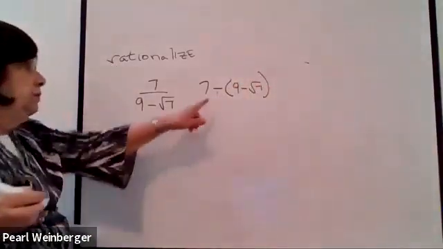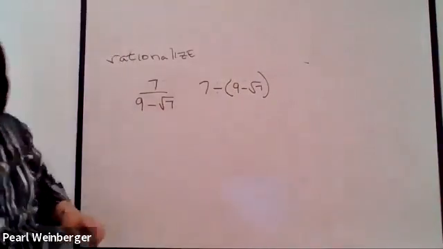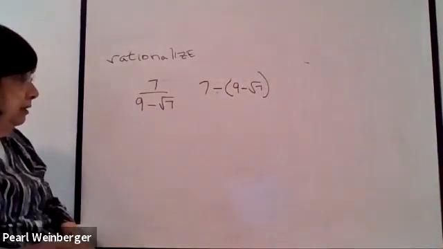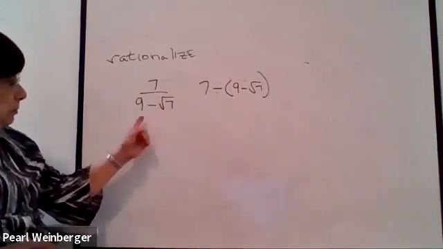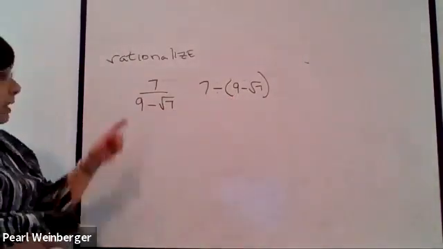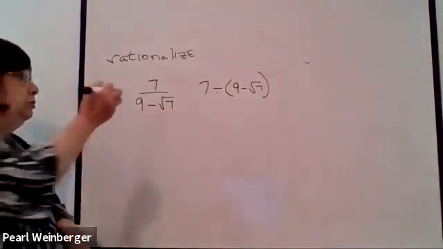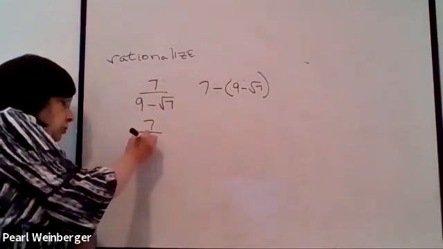If you're using the division sign, you must put the parentheses to show that you're dividing by the whole denominator. Okay, but we're going to do it using what I just told you.